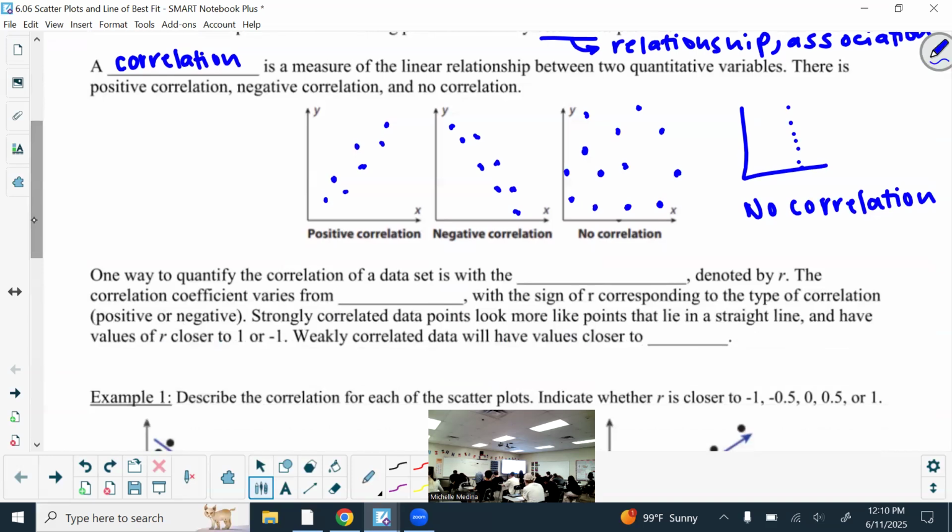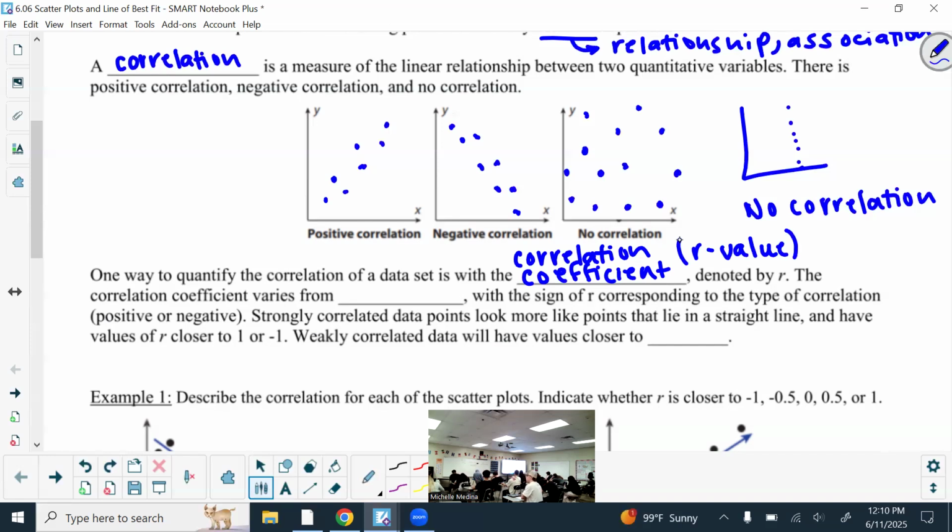So one way to quantify the correlation of a data set is with the correlation coefficient, denoted by R. So we'll call it either correlation coefficient or the R value.